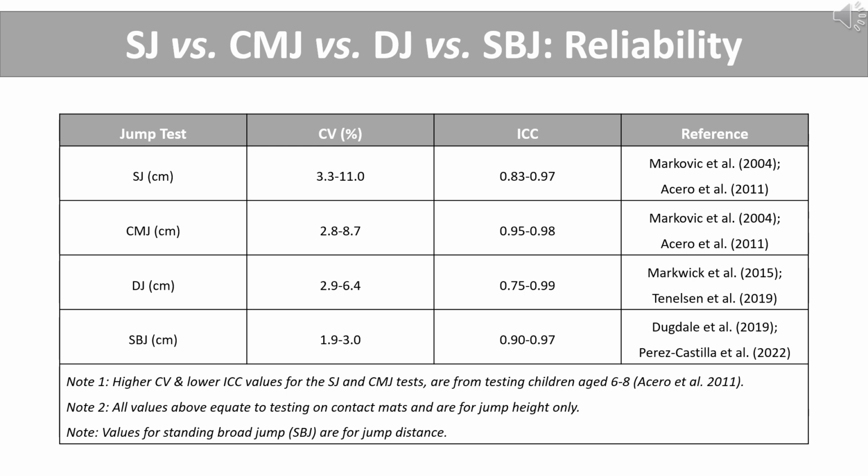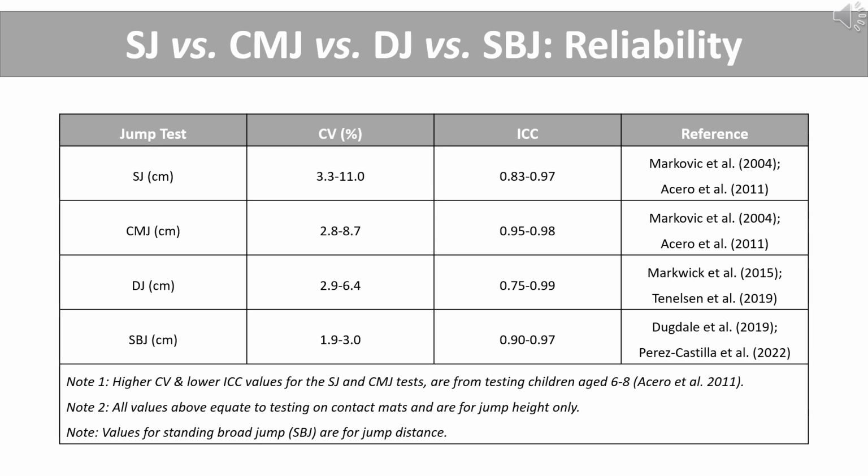The other thing to say is that for the squat jump, counter movement jump, and drop jump, all of these reliability values are only for jump height, and that is because all of these references on the right hand side undertook that testing purely using a jump mat or a contact mat.